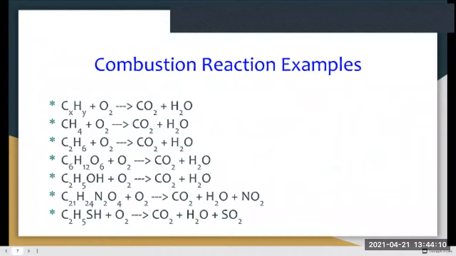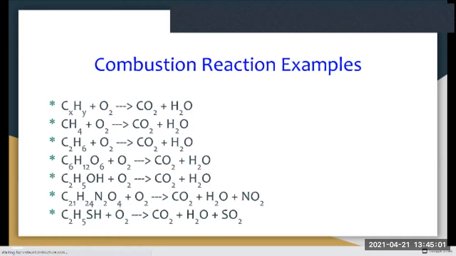It's not going to go into carbon dioxide or water. So you're going to get that extra byproduct I was talking about. That's what you can look for: the extra byproduct as something being added to your hydrocarbon. Notice there's always going to be carbon dioxide and water on the product side. And sometimes you have that extra byproduct. And then you always have the oxygen gas on the reactant side.